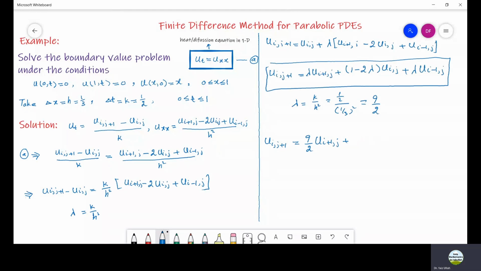Here we have minus 8 ui j and plus 9 by 2 ui minus 1 j. We call this equation number 1.